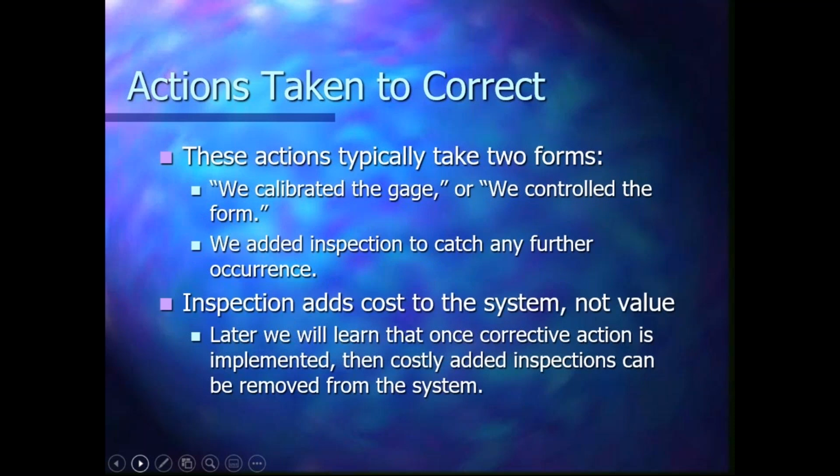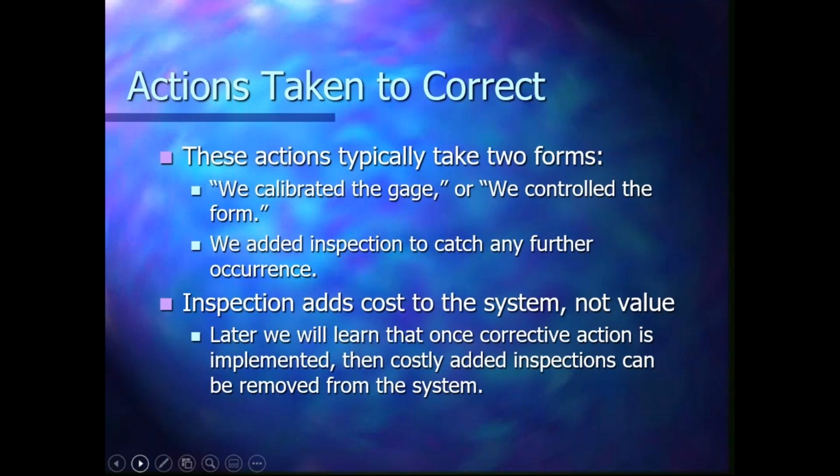Corrections typically take two forms. One could be we calibrated the gauge, we controlled the uncontrolled form, we took the Tylenol to bring down our fever, or adding a layer of inspection to catch any future occurrence of the issue.